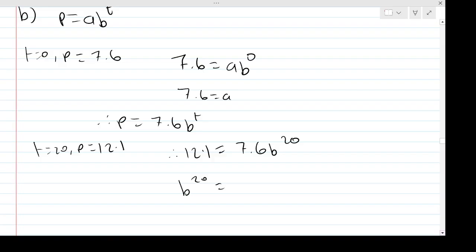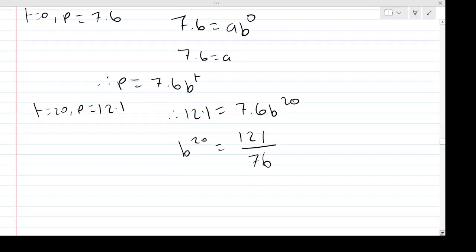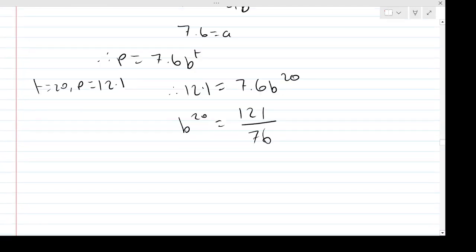And it's not very nice. Actually, that'd be 121 over 76. Now, that's b to the 20. So then b is going to be the 20th root of 121 over 76.